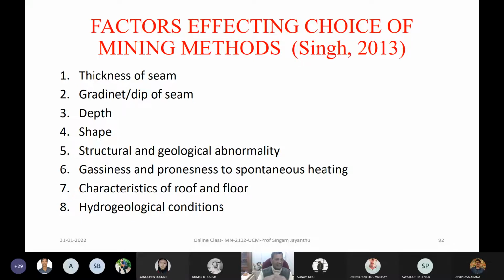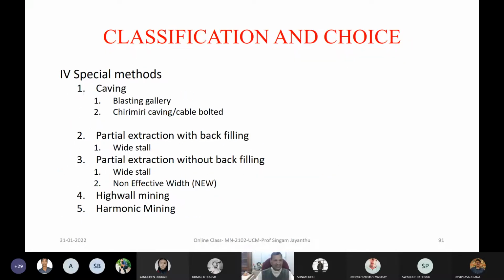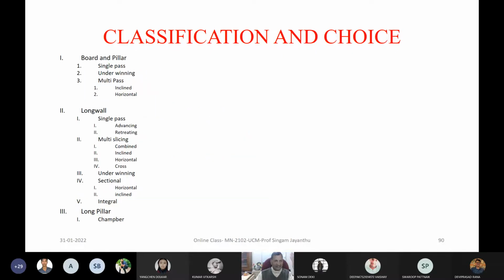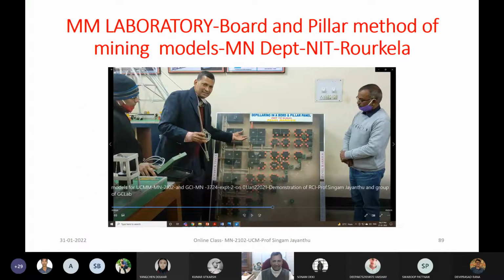So here, when it comes to different parameters, as far as our different choice, which method we should go for as far as underground coal mining methods are concerned. Already I told you in general, our classification also we have seen in the previous special mining methods and then board and pillar, long wall, in under that different categories already we have seen.